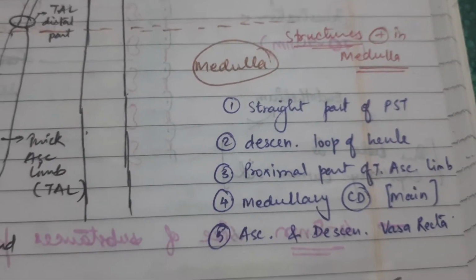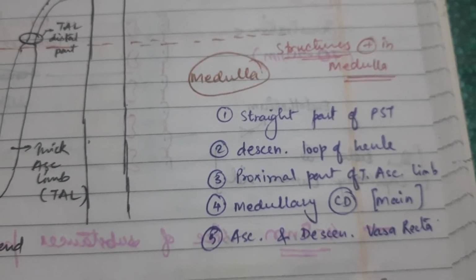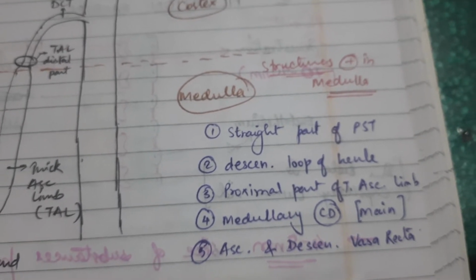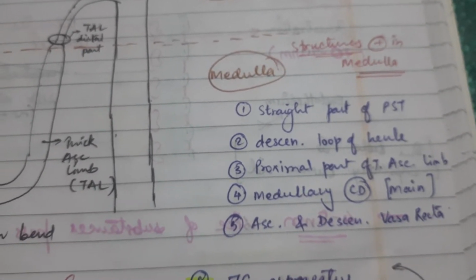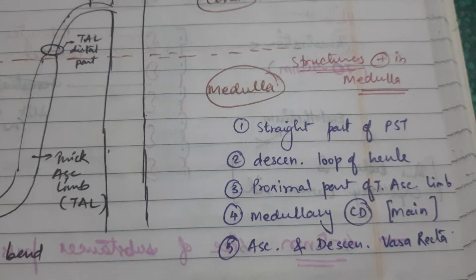Now, structures present in medulla: straight part of PST, descending loop of Henle, proximal part of ascending loop, thick ascending limb, medullary collecting duct, and ascending and descending vasa recta. Five things here, 10 here.